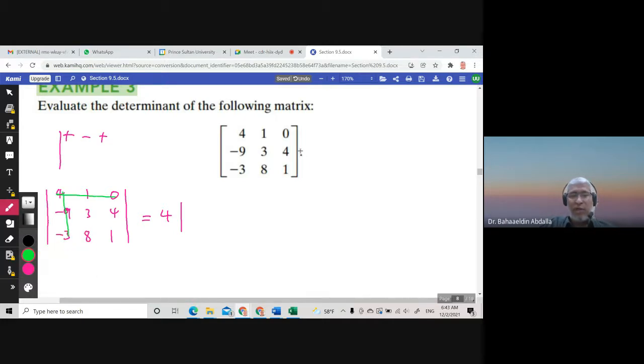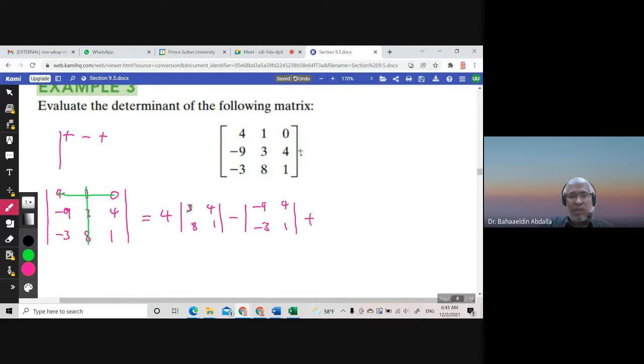So I have 3, 4, 8, 1. Then the sign of the position of 1, which is negative, 1 times, I'm not going to write the 1, times, what is the minor of 1? Delete the row and the column of 1. So what are the remaining numbers? Negative 9, 4, negative 3, and 1.